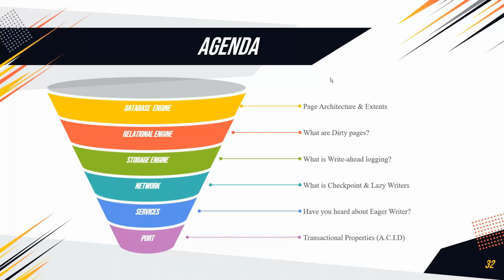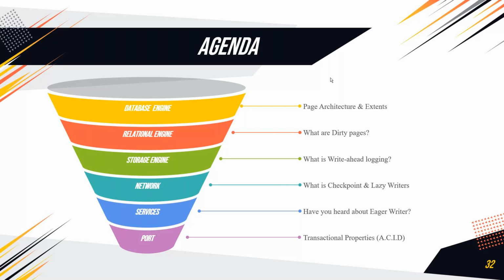Time permitting, we'll also discuss how the data movement happens in the backend, including concepts like dirty page, checkpoint, clean page, lazy writer, along with ACID properties. If time permits today; otherwise we'll discuss it in tomorrow's session.